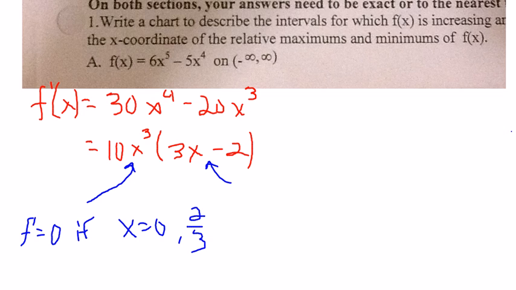So now I'm going to start to make my chart, and I think I'll have enough space here. I have x values, and then I'm going to do f prime, and I'm just going to say whether it's positive or negative.